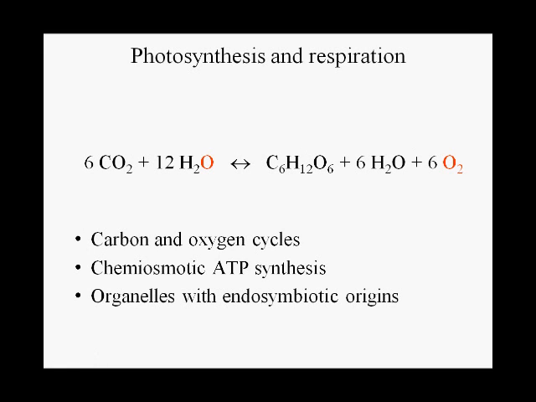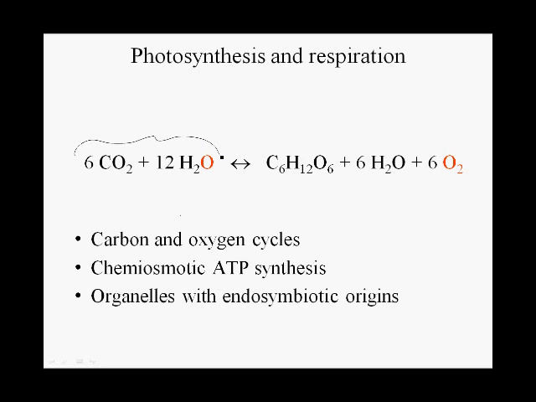Finally, to conclude our unit on energy metabolism, let's look at the balance of photosynthesis and respiration. Here are the equations for photosynthesis and respiration, written with a reversible arrow.